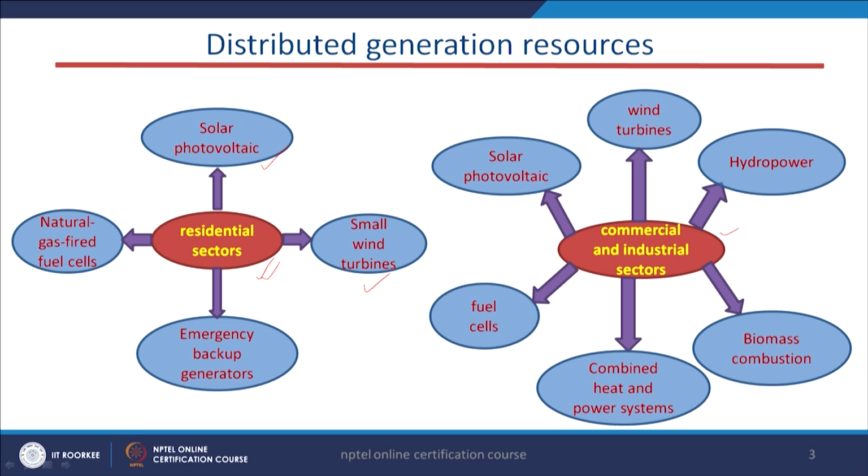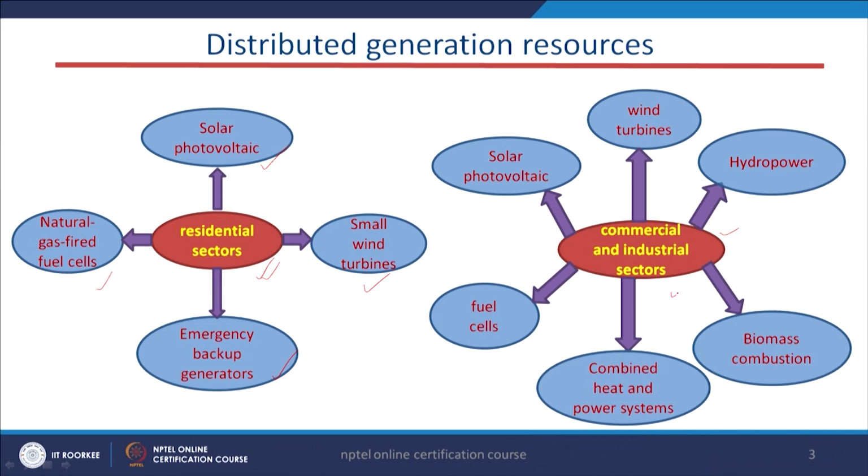And next we have small wind turbines near the customer end, and also emergency backup generators, mostly diesel based generators, and natural gas fired fuel cells. So these are the DERs which are connected near the residential sectors.